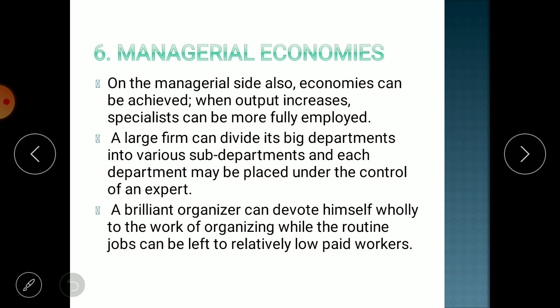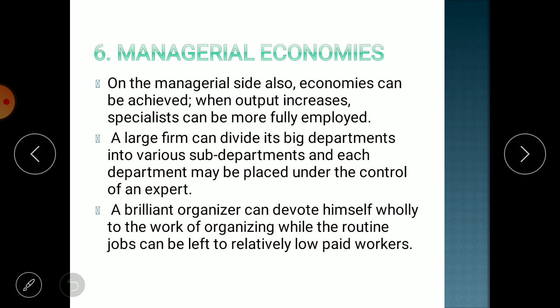Then managerial economies. On the managerial side also, economies can be achieved when output increases, specialists can be more fully employed. A large firm can divide its big department into various sub-departments, and each department may be placed under the control of an expert.